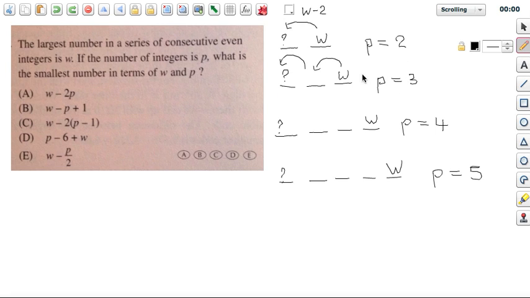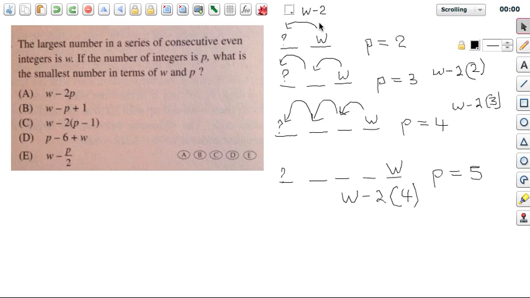So here it'll be W minus 2 times 2. So it would be W minus 2 times 3. So we have W minus 2 4 times.